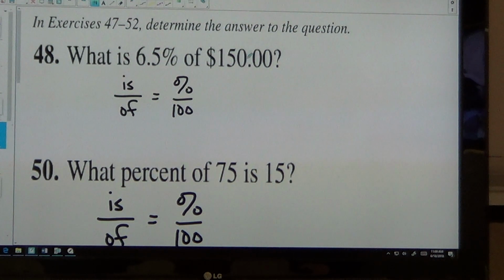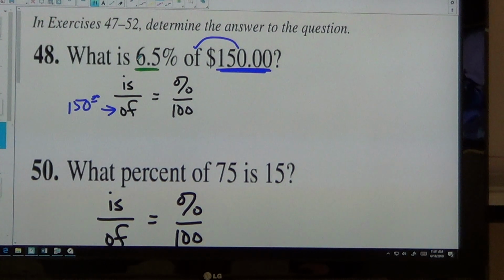So if I start with the number 150, what is 150 next to? Of. So the of is going to be 150. So I've already used the 150. And I've already used the word of. Now, I go to my next number, 6.5. Just percent.